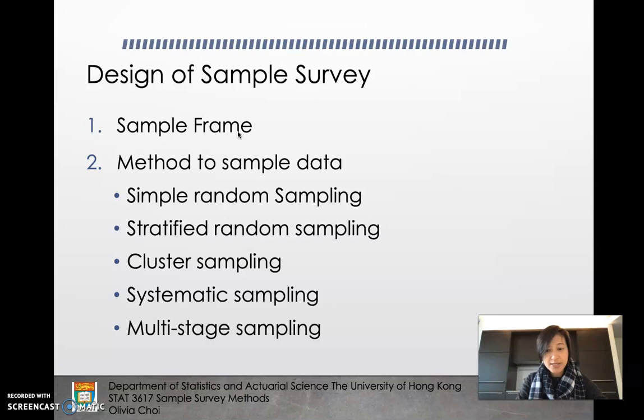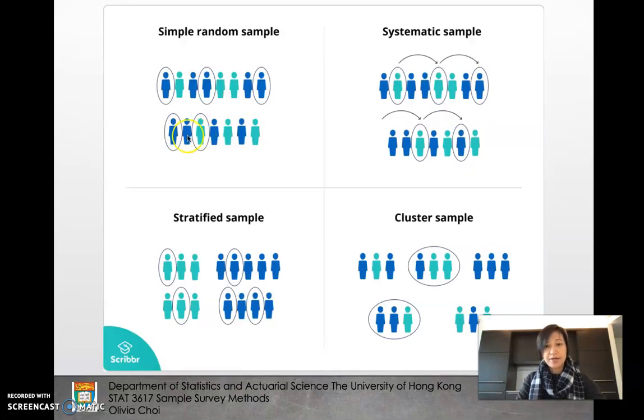Multi-stage sampling would be, for example, if I look at cluster sampling, this is the first stage where I choose cluster 2 and cluster 4. In the second stage, I combine simple random sampling within the cluster sampling.